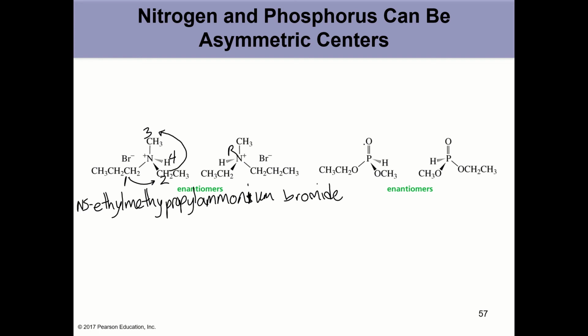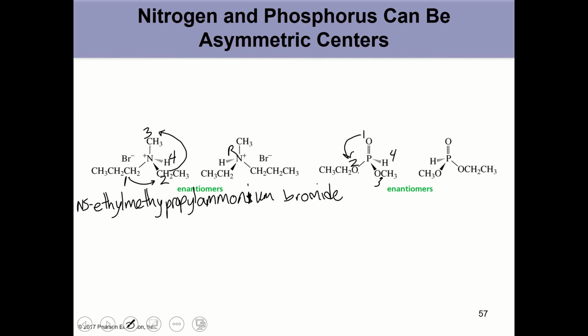For the phosphorus, it has 4 different groups, and it can also be labeled as an R or S configuration. We are not going to cover naming of these phosphate molecules, the phosphoester molecule, but we can list whether it's R or S. Oxygen would have the highest priority, followed by the ethoxy, CH3CH2O, followed by the OCH3 group, and then hydrogen.